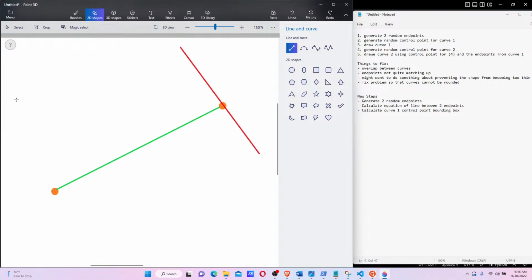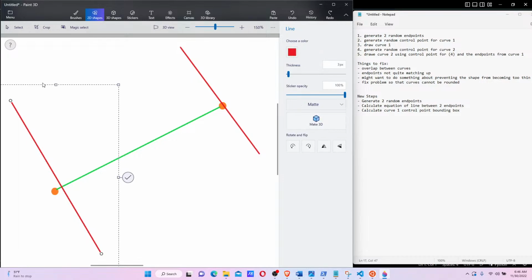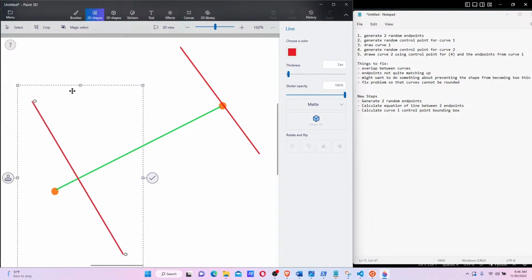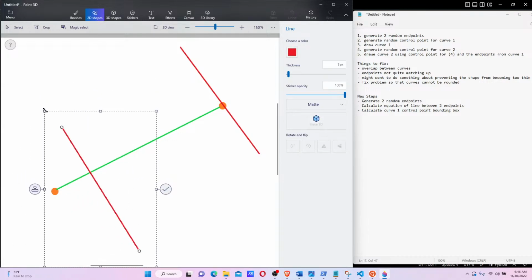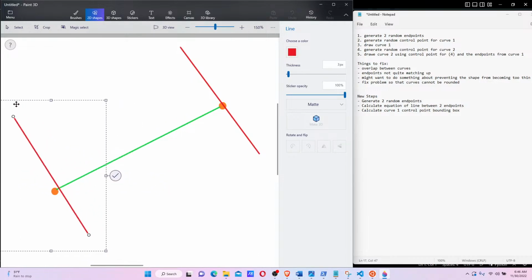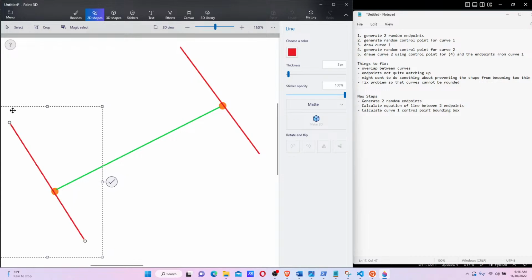Okay, so now this is all going to be spitballing. Approximately good.